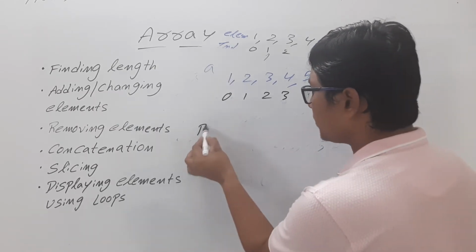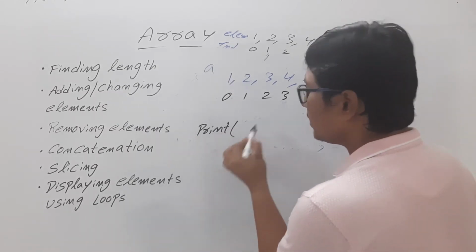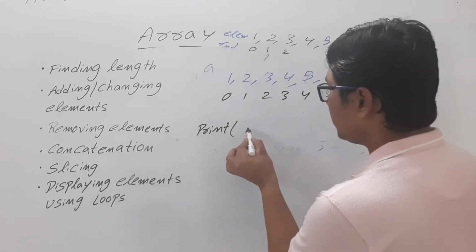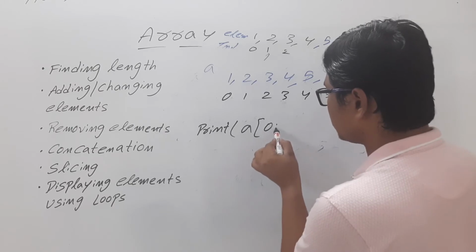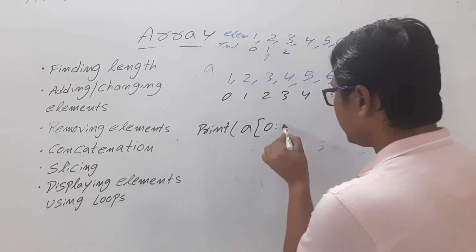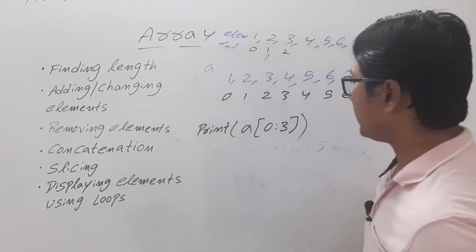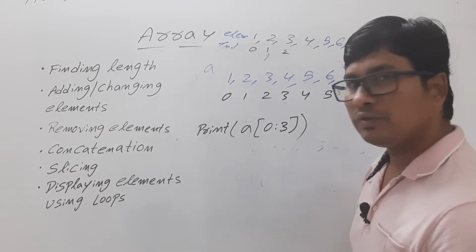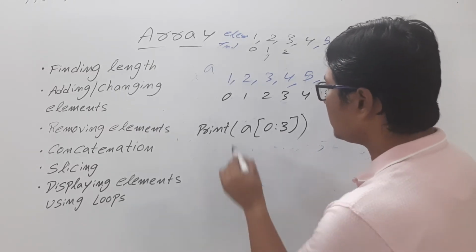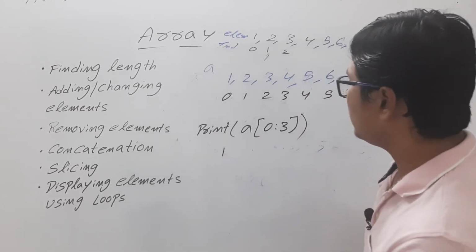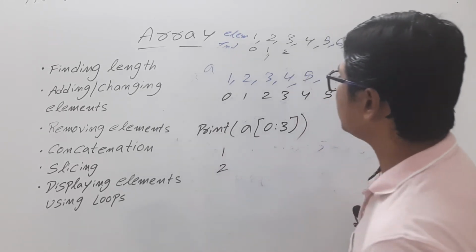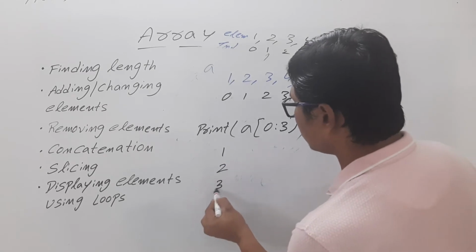If you write print, array name A, with the starting index 0 and ending index 3, what will happen? It will print the elements starting at index 0. Value 1 will be printed, then value 2, and then value 3.